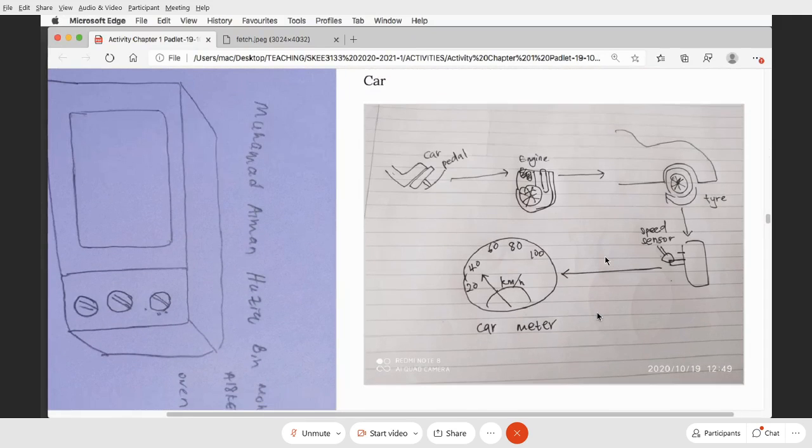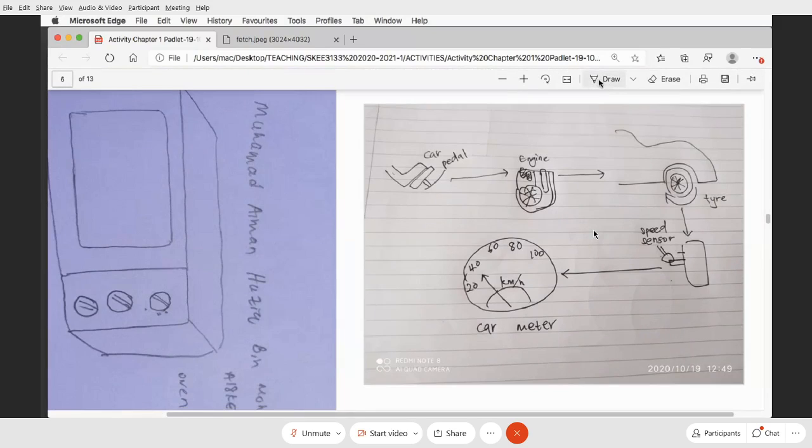Okay. So first, we push the pedal, and then the car gets the input and makes the tire move. And at the tire, there is a speed sensor to monitor the current speed.